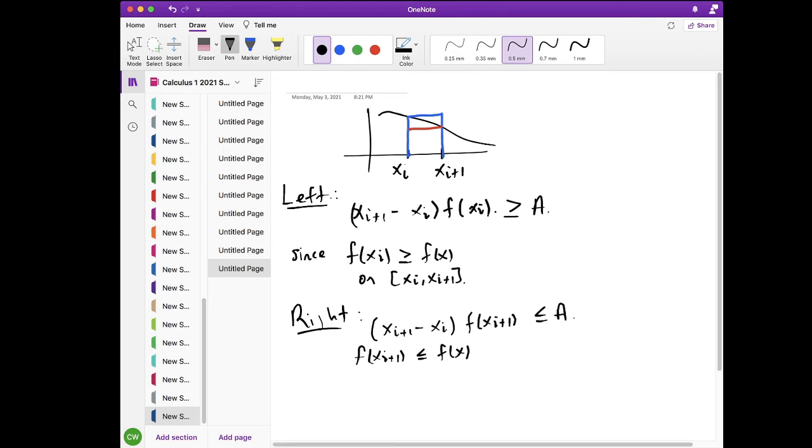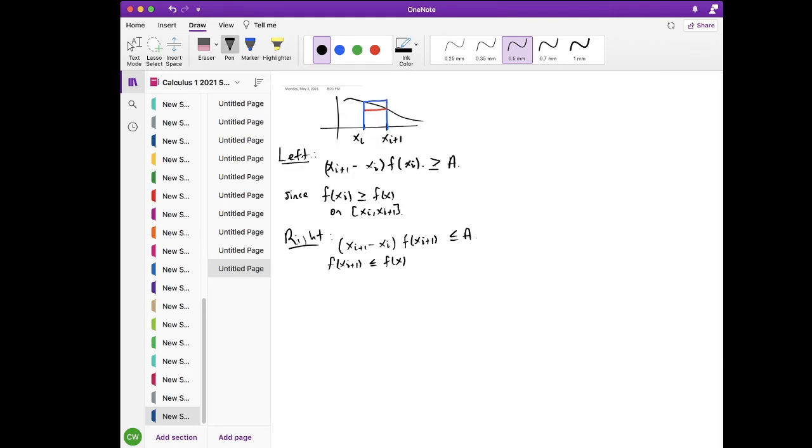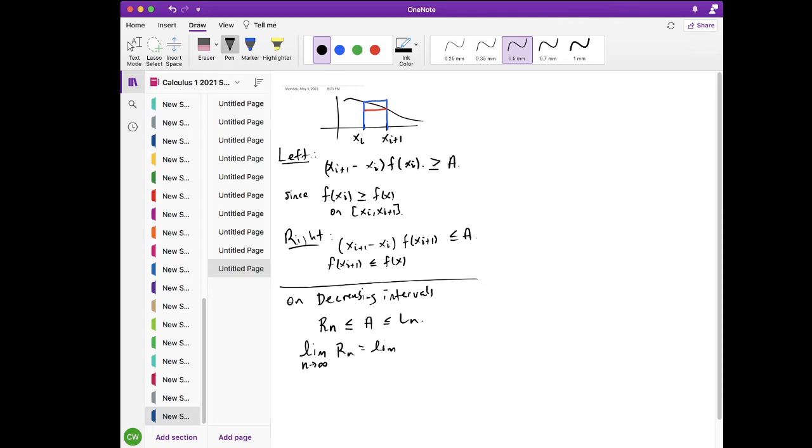So on decreasing intervals, it's R of n that's smaller. We also showed that the limit as n goes to infinity of R of n is equal to the limit of L of n. Then you can just choose one, it's the same.